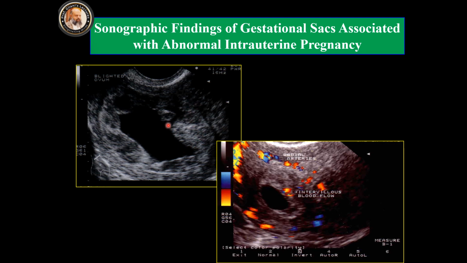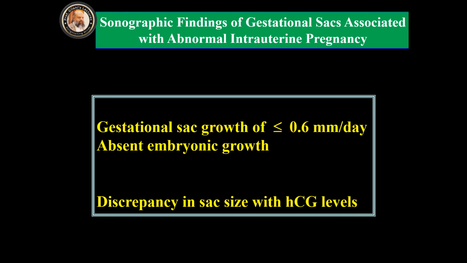You can see the irregular areas, and this is the thickening, which is the trophoblastic change, which can be labeled as partial mole. Here is the intervillous blood flow, the spiral arteries flow.